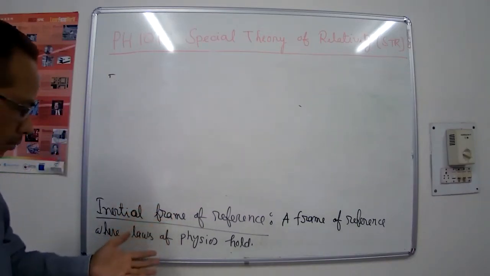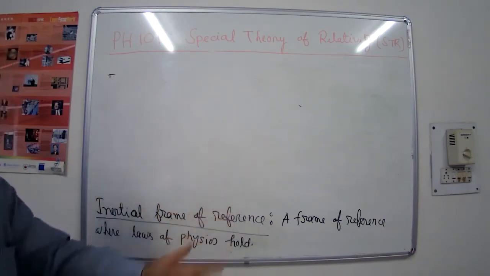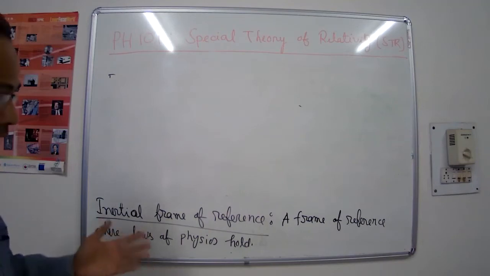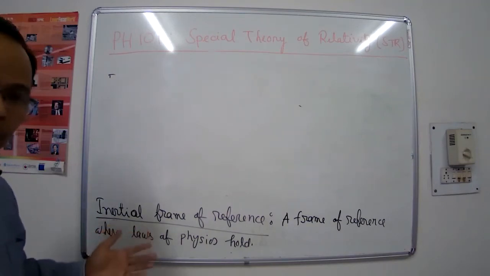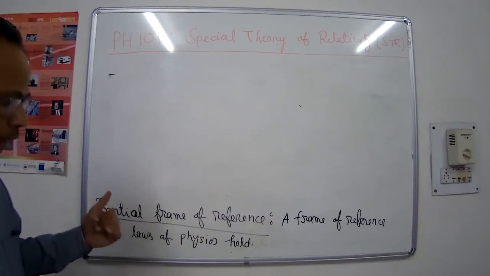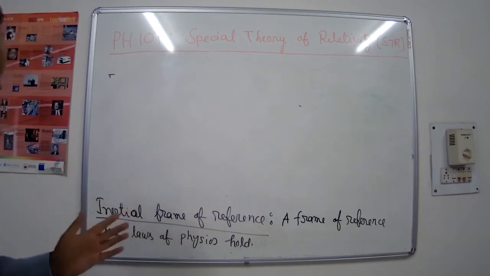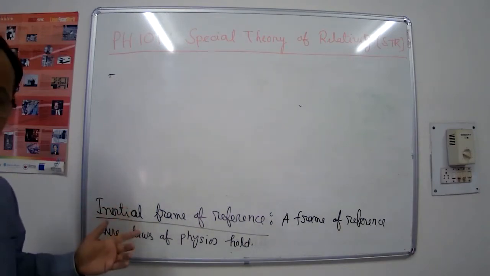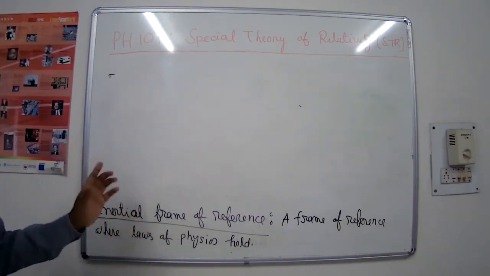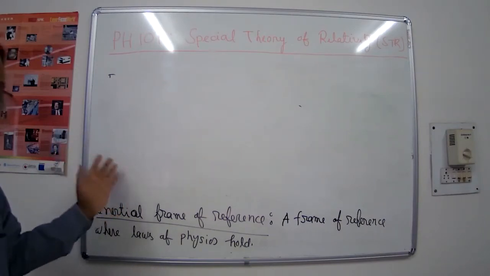For example, there is a famous equation called the Maxwell equation. We'll discuss it later, but it is found that when we go from one frame to another, unless we consider relativistic mechanics, the Maxwell equation will not be true in all frames.